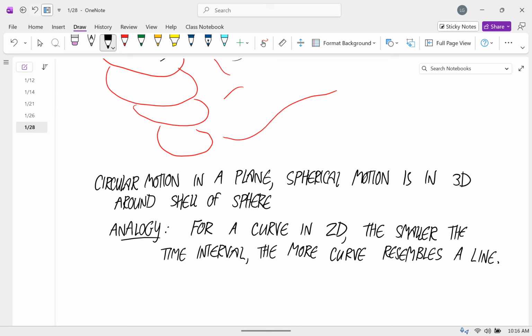And if you take the limit down to an infinitesimal time interval, what you get is the tangent line, right?